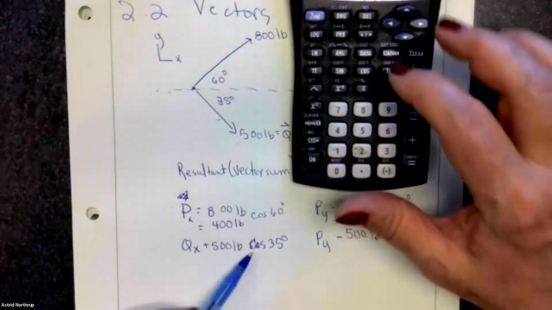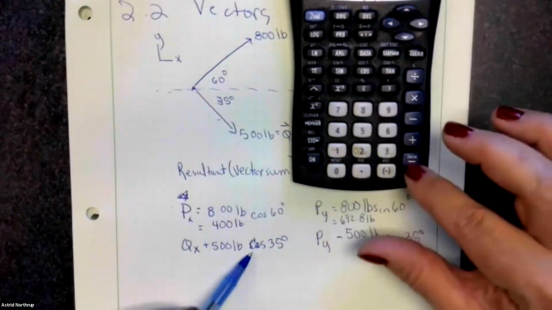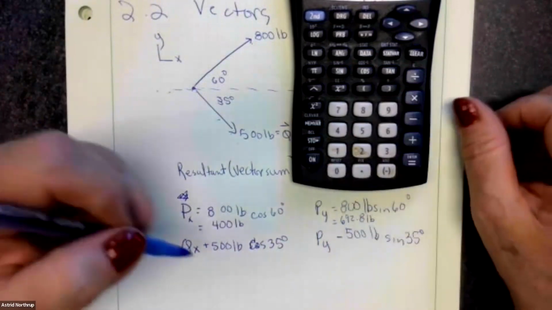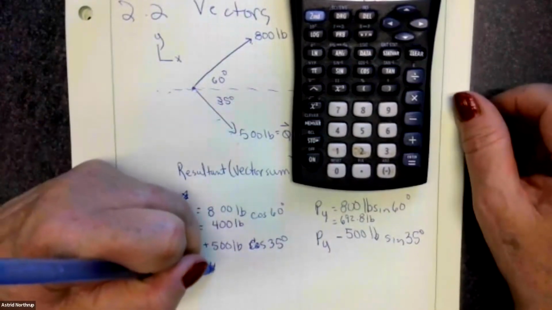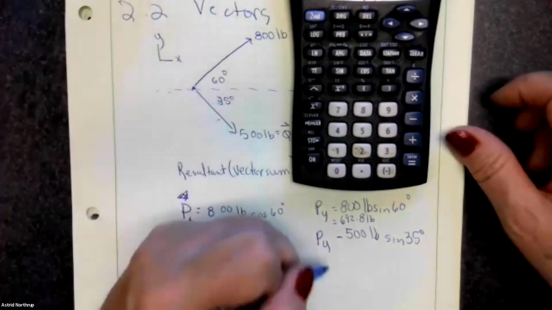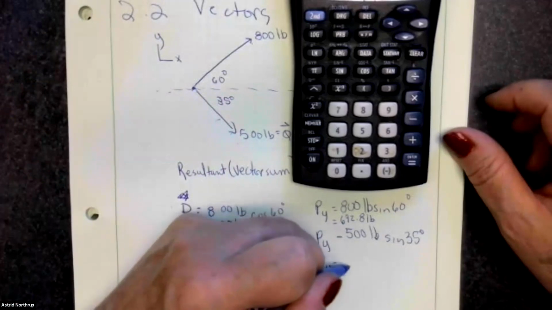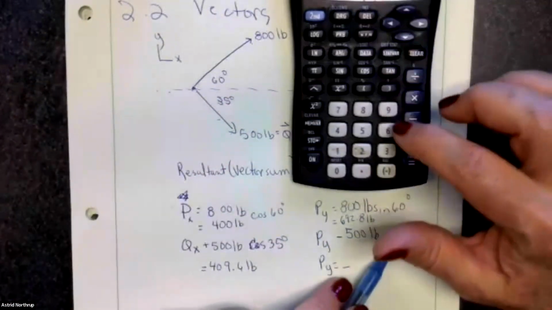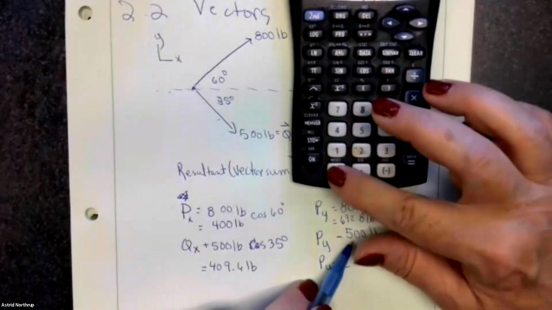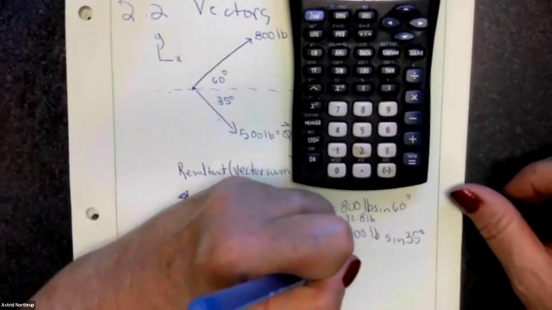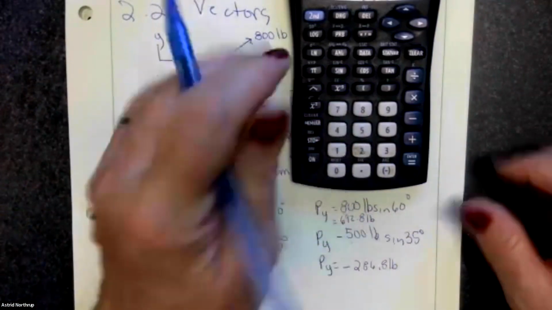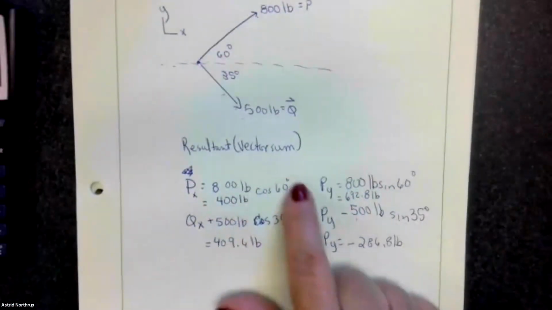Q sub x, cosine of 35 degrees times 500 pounds, is 409.6 pounds. And Q sub y is negative: take the sine of 35, multiply it by 500, and we get negative 286.8 pounds.